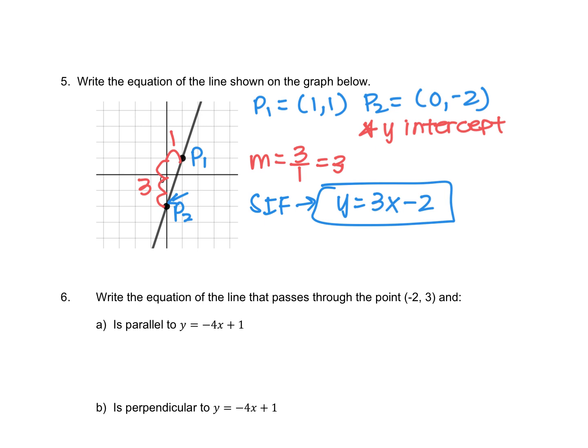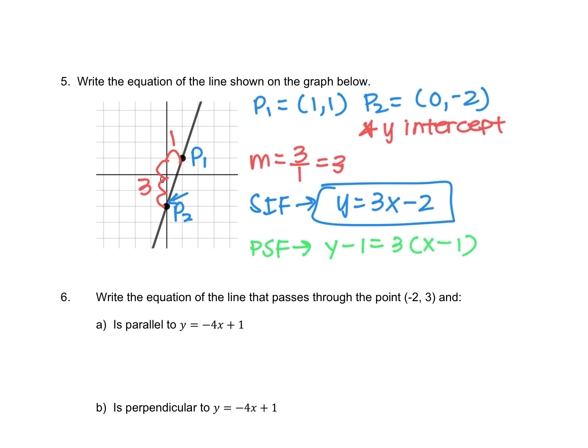If I wanted to use point slope form, oh, that almost looks like pumpkin spice latte, but it's PSF. So I would pick a point. Let's pick the other point since we used slope intercept for the last one. So I'm going to do y minus 1 equals 3 times x minus 1.